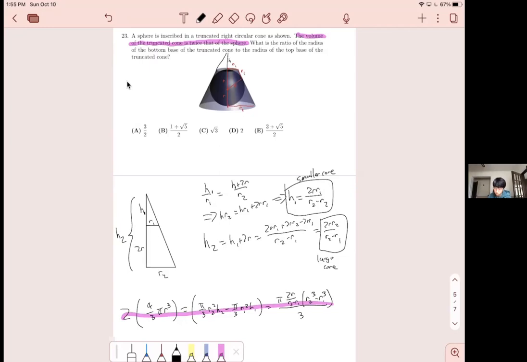And then we substitute H2 and H1 and pull out the factor of 2R, and then it becomes R2 cubed minus R1 cubed.